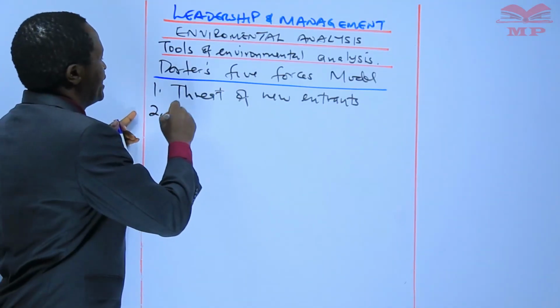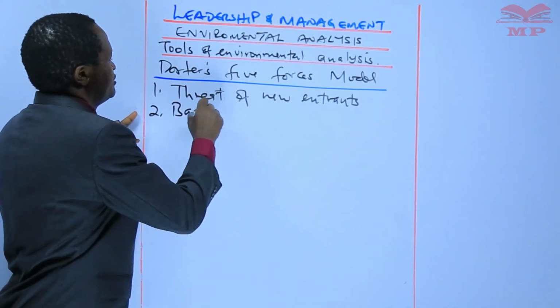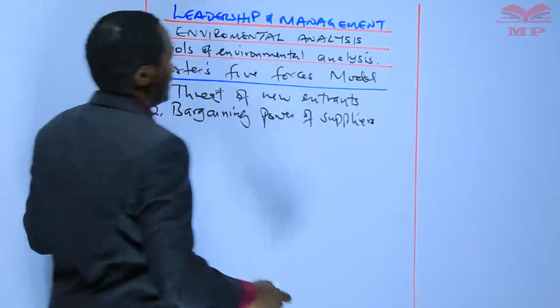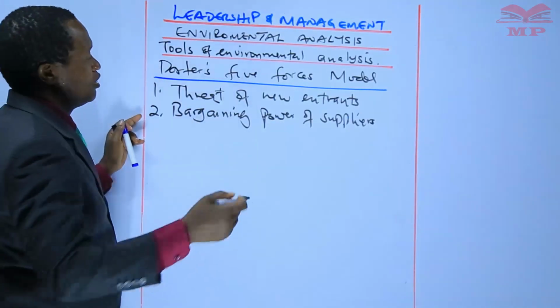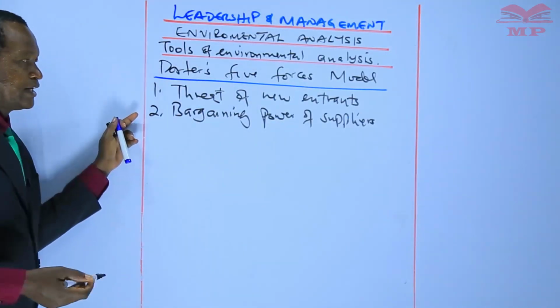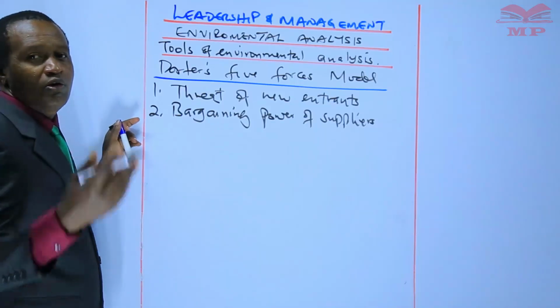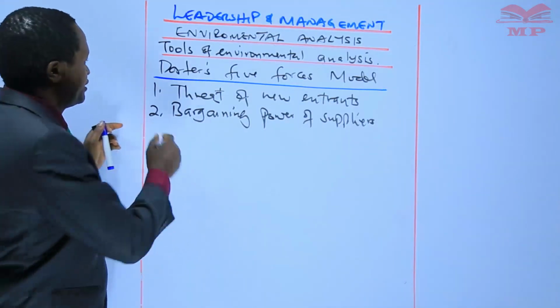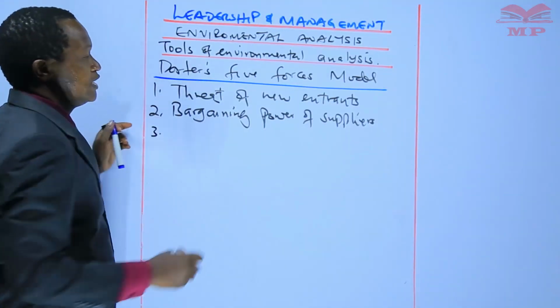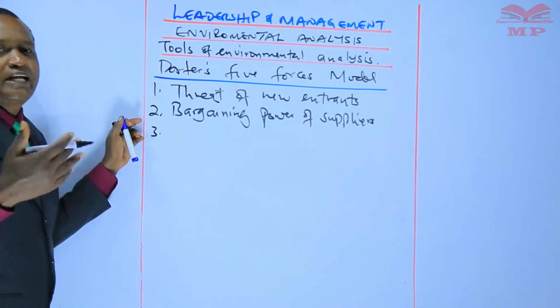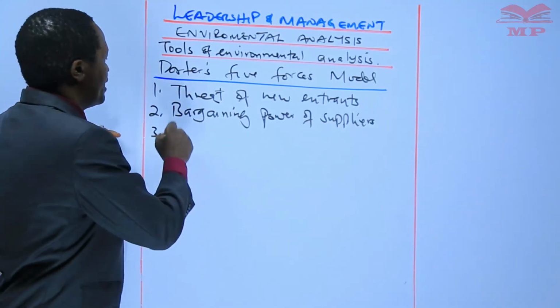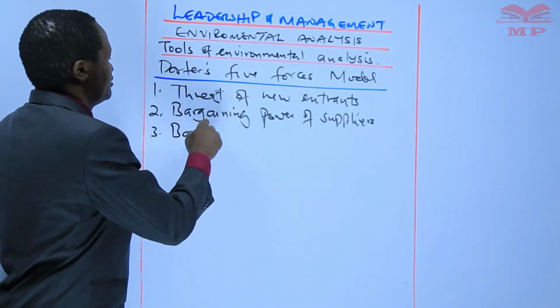Number 2 is the bargaining power of suppliers. The third force is the bargaining power of buyers.